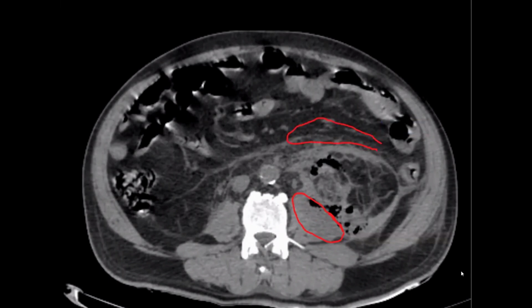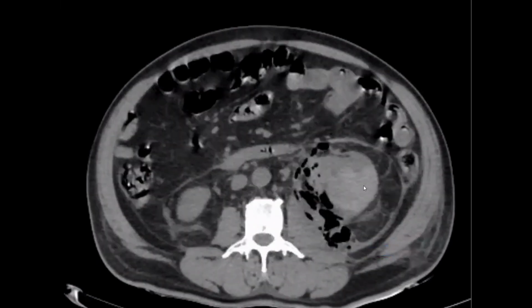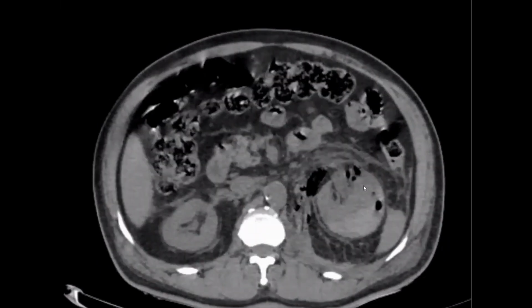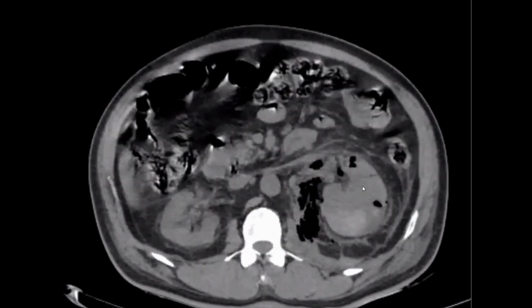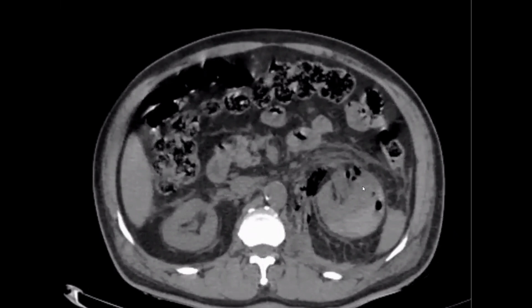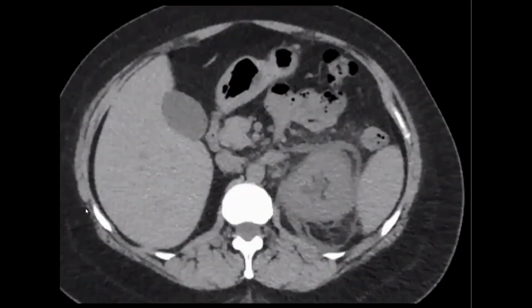But if we have a collection posterior to the renal fascia, this is the renal fascia, this collection is in the posterior pararenal space. So I agree with you that this is a case of emphysematous pyelonephritis, a severe form. Okay, let's go to the next case.